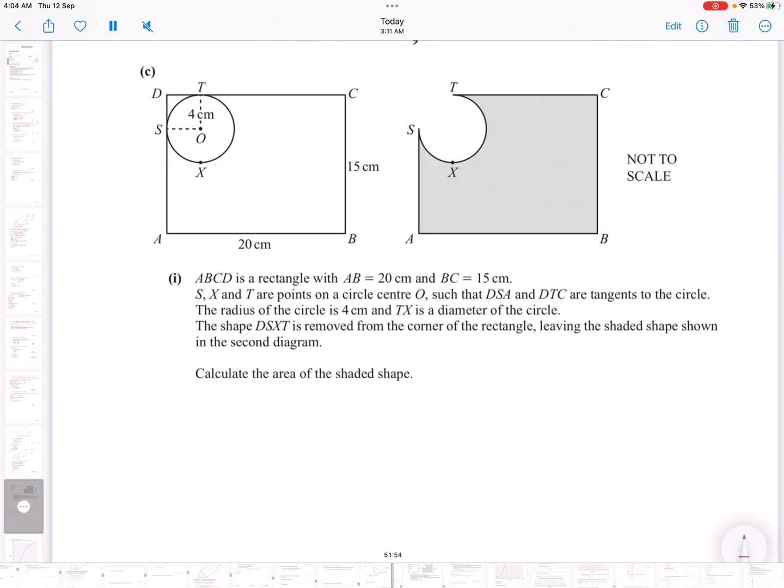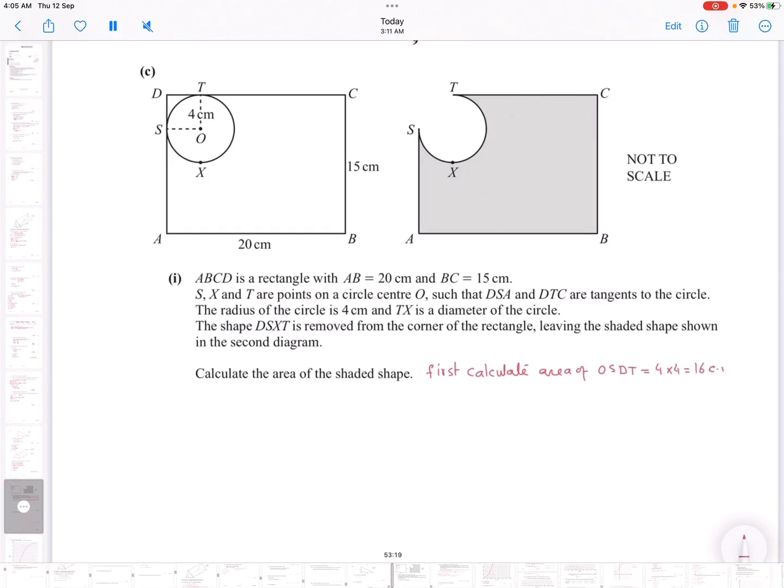So first of all, what you do, calculate the area of OSDT. Look, OSDT is a square, and the sides of the square are the radii OT and OS. So multiply 4 by 4.